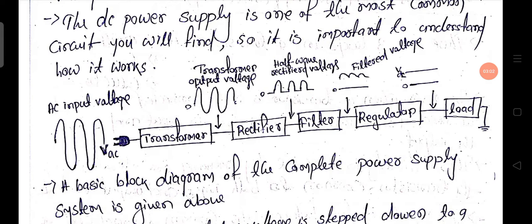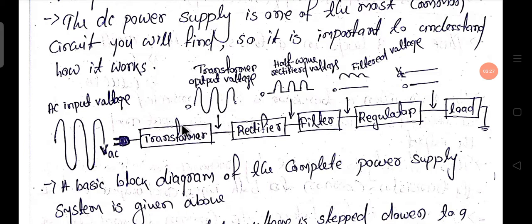The transformer also does another job: isolating the rest of the DC circuit from the high voltage AC. It also acts as an isolator. So after step down we get our low voltage AC.